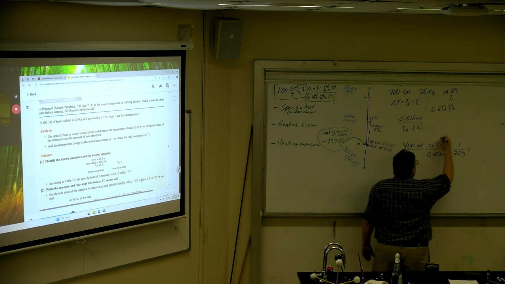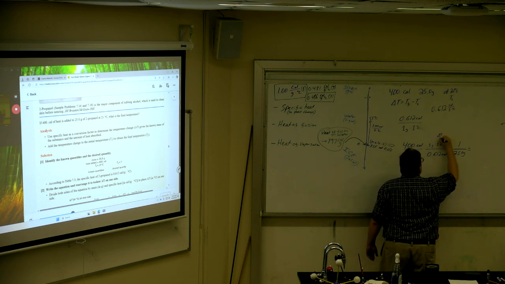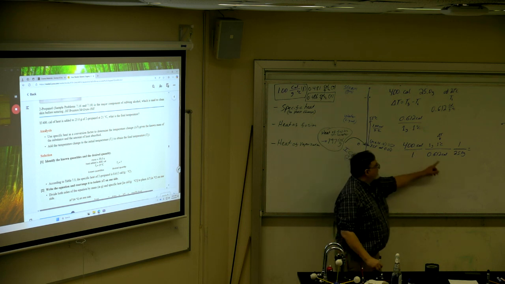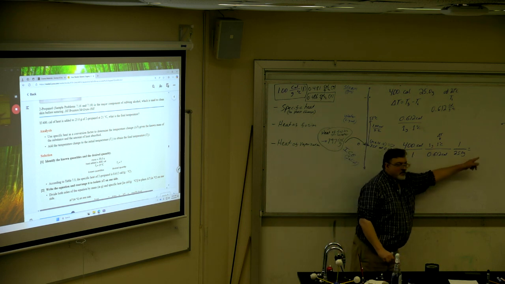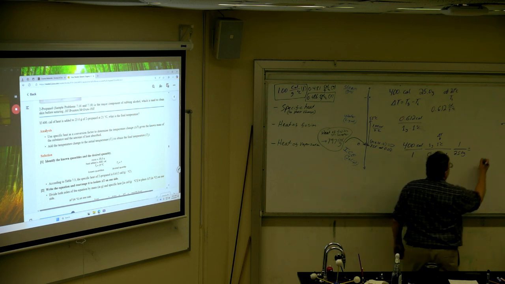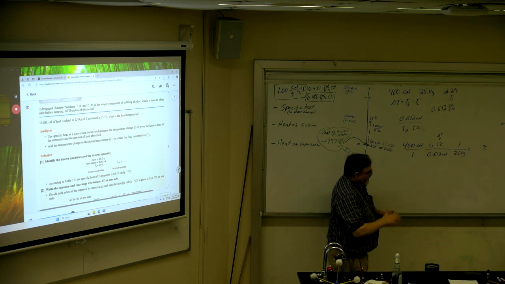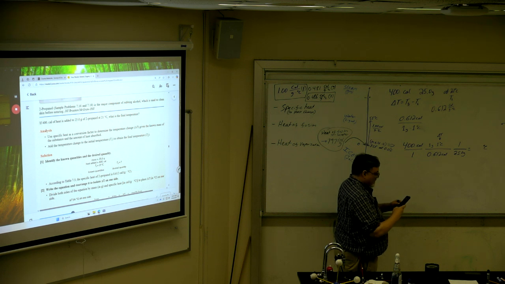That'll do it. And again, notice what we're really calculating here is the delta T. So the calories cancel, the grams cancel, and we'll be in degrees C. What will we get here? 400 divided by 0.612 divided by 25.